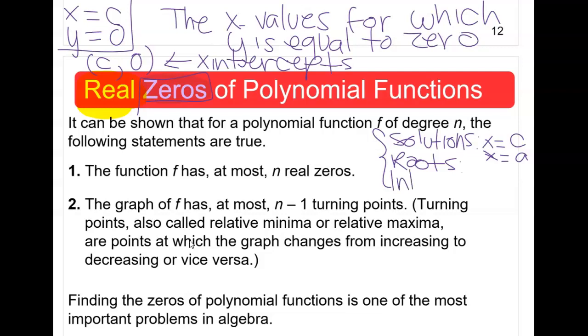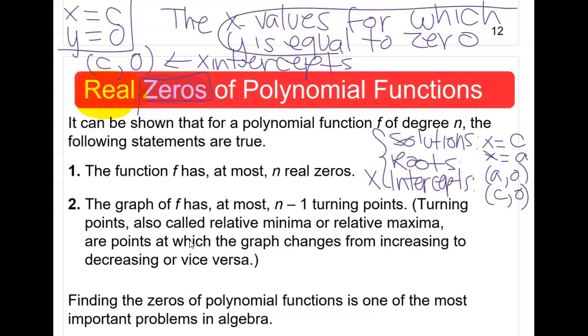And then when we call them x-intercepts, they must be real numbers. So it will be something like (a, 0), (c, 0). And when we say that they are the x values for which y is equal to 0, we could think of this as the solution to this equation.